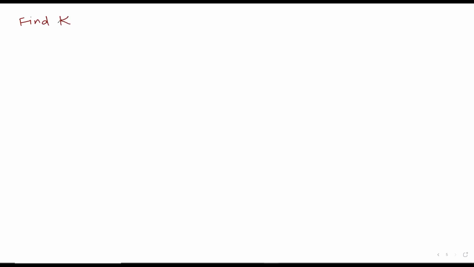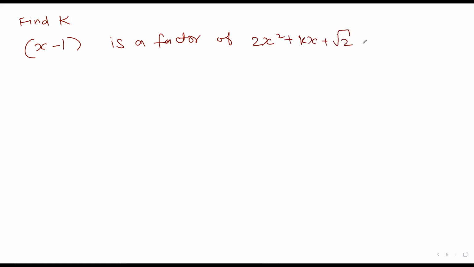You have to find the value of k if x minus 1, and they're telling you that x minus 1 is a factor of 2x squared plus kx plus root 2. So you have to find the value of k. How do we do this?